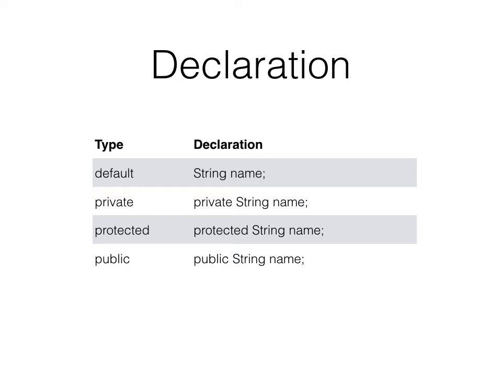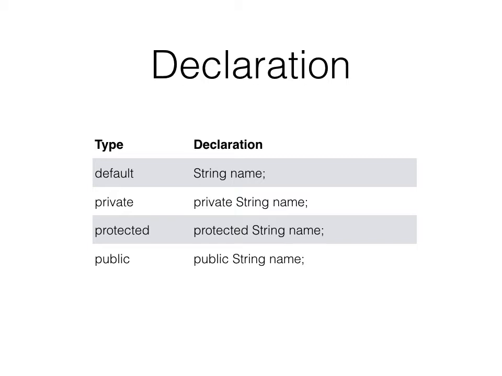Moving on to the second one: private, protected, and public. Whenever we want to mark any variable as private, protected, or public, we put this keyword before its data type. So these are the instructions to declare any variable.